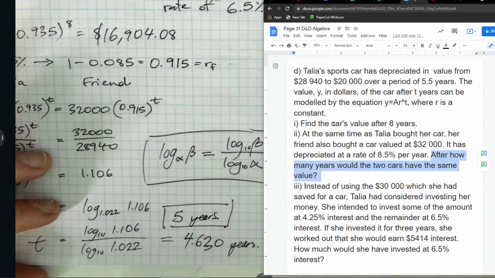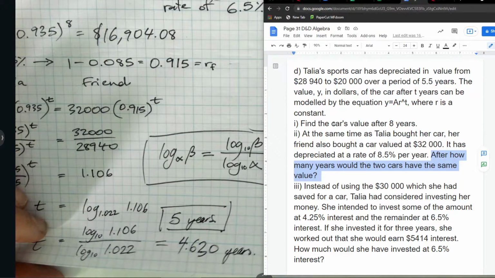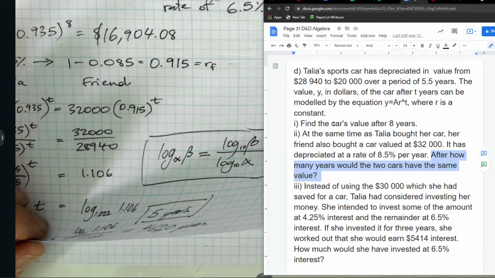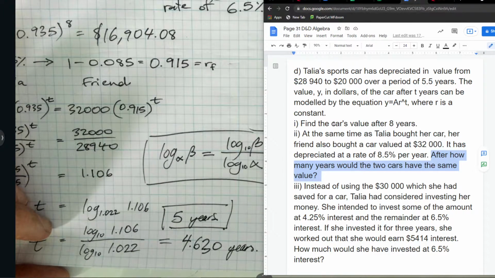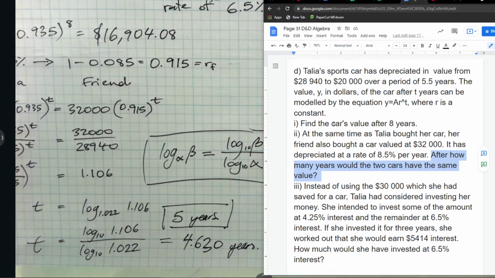Okay. Instead of using the 30 grand which she had saved for a car, Talia had considered investing her money.